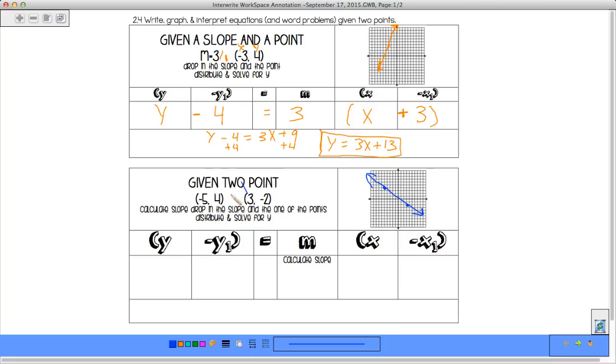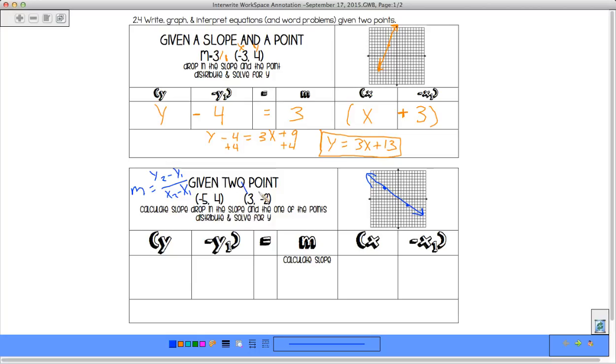So I'm going to plug in my y1 and my x1, but first I need to calculate my slope. My slope here is going to be y2 minus y1 over x2 minus x1, just the change in y over the change in x.